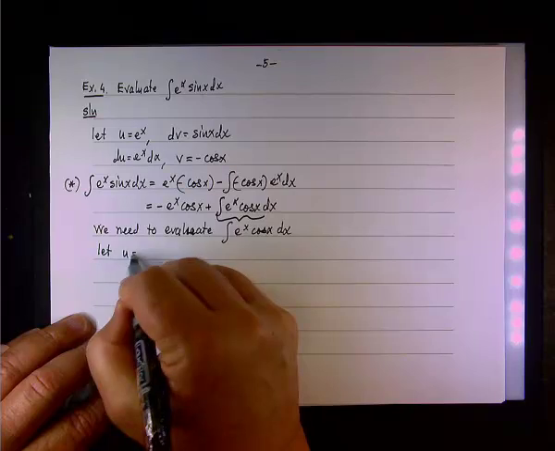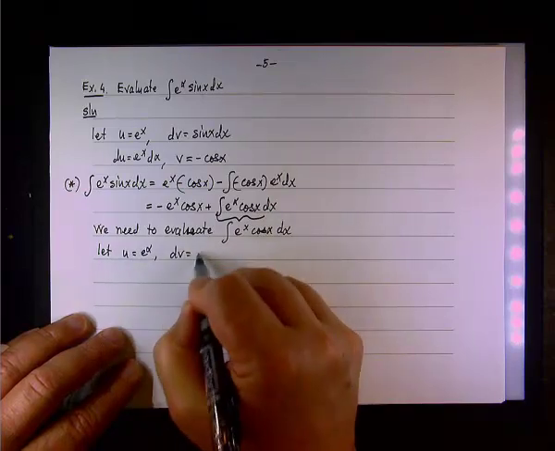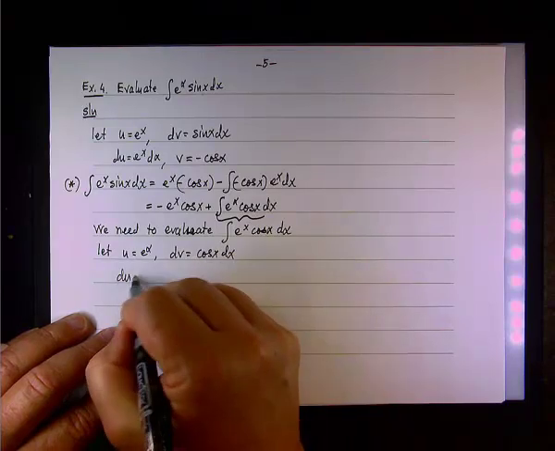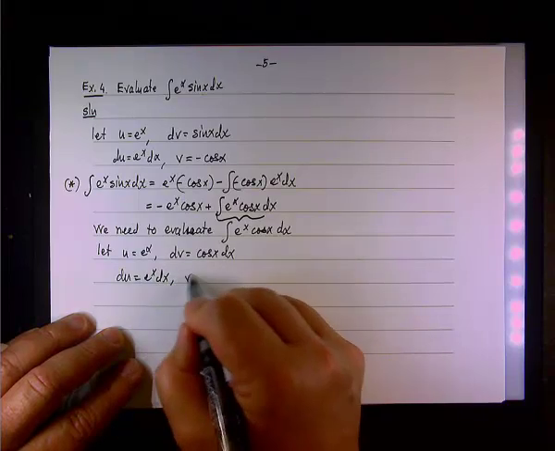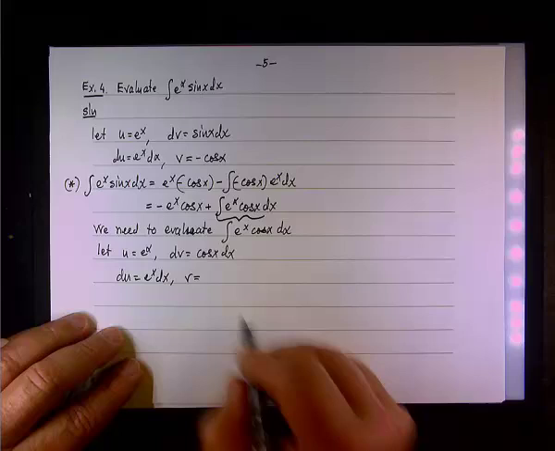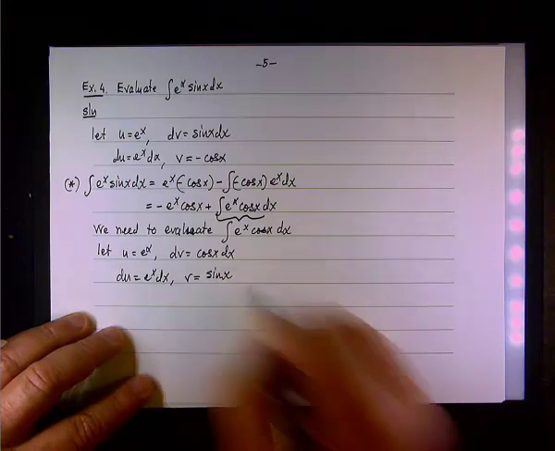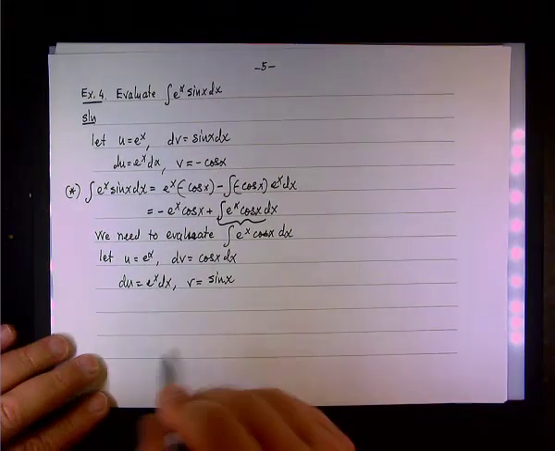Okay, I'll choose, again, u as before, e to the x, and dv will be cosine x dx, and du is e to the x dx, and v will be now the antiderivative of cosine x, which is sine x.